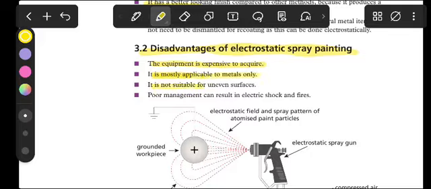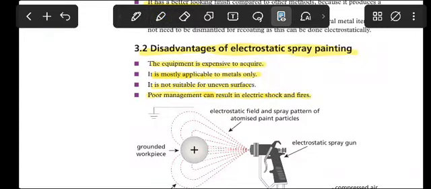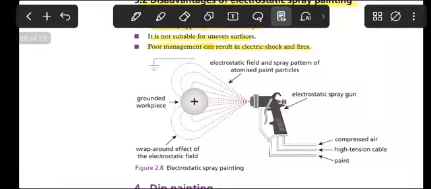It is not suitable for uneven surfaces. Poor management can result in electric shock and fires. So here it is, the structure of it. As you can see, this is the structure of it.